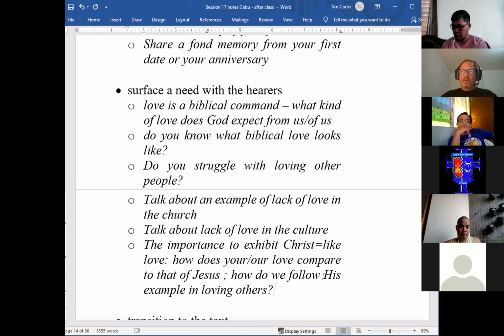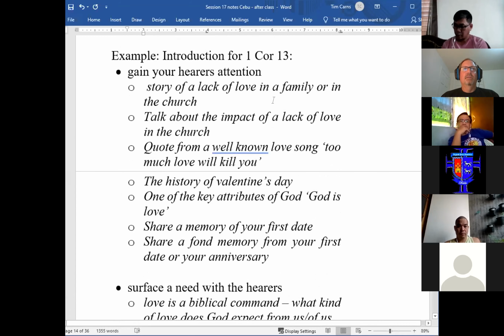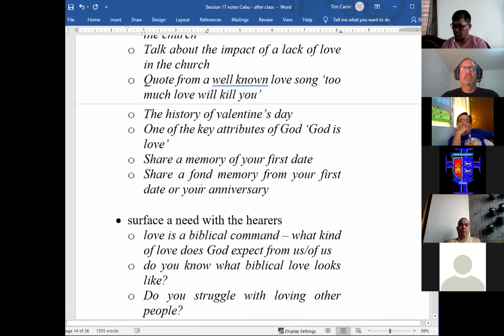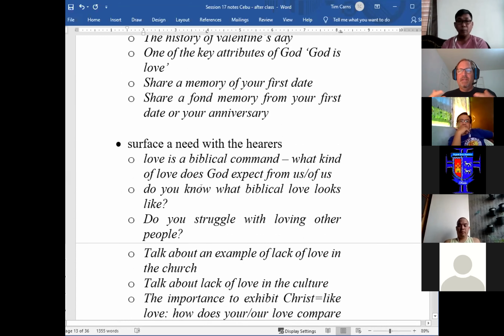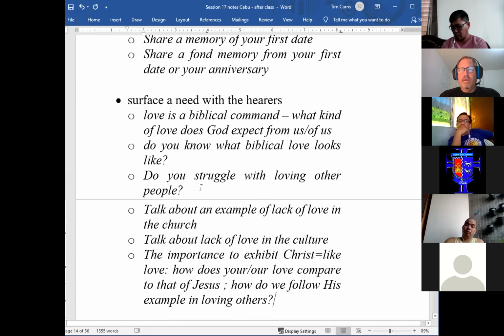All right, so we've introduced it. We've got some ideas for introducing this topic to gain their attention. Now we're trying to move towards getting them to think, yeah, I need to think about this topic of love. I need to think about what it's supposed to look like, or where I need to grow in it. Questions I've found to be very helpful.